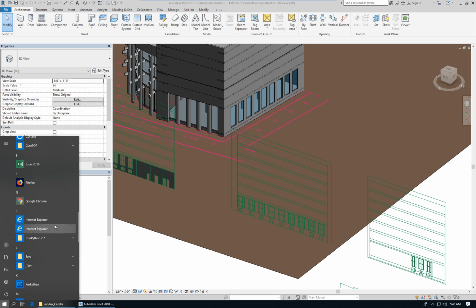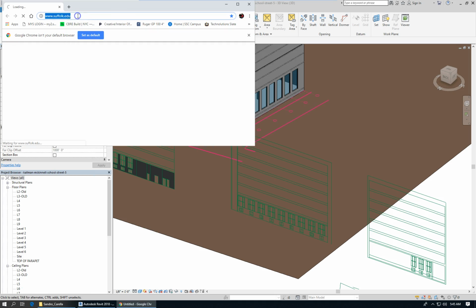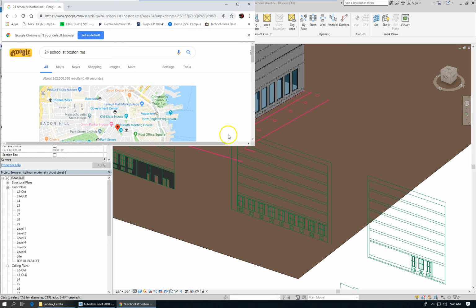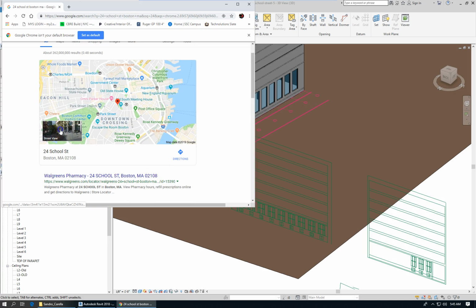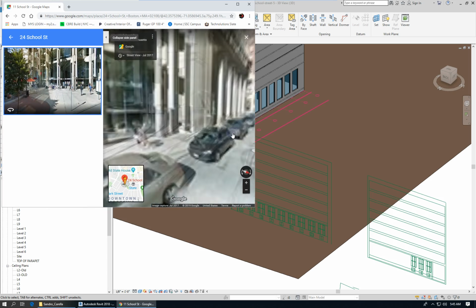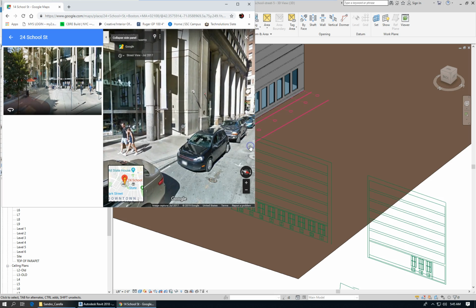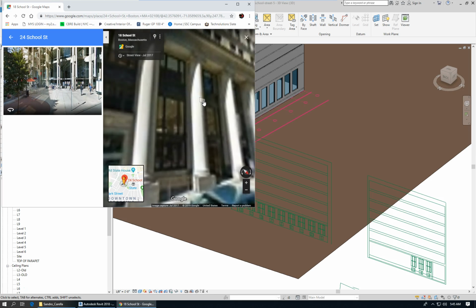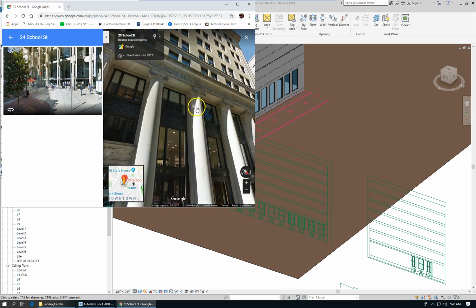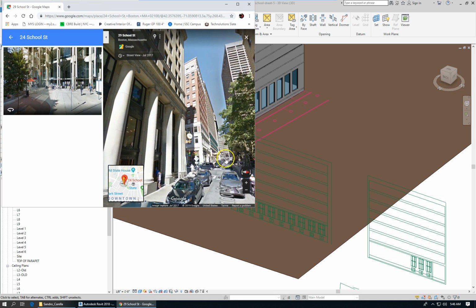So if we look at that elevation, you can see that the windows are two gang within the space occupied by this curtain.